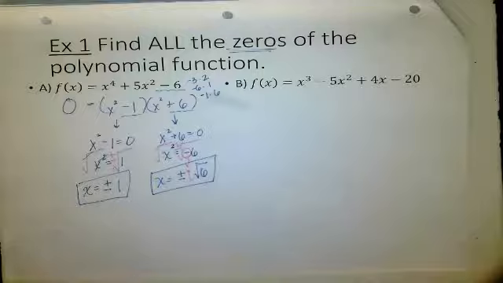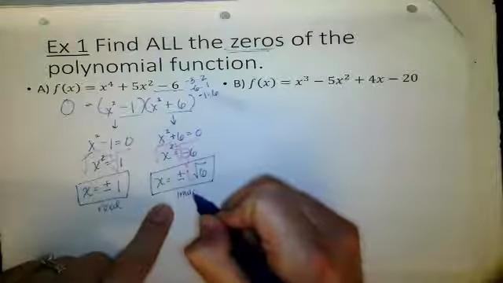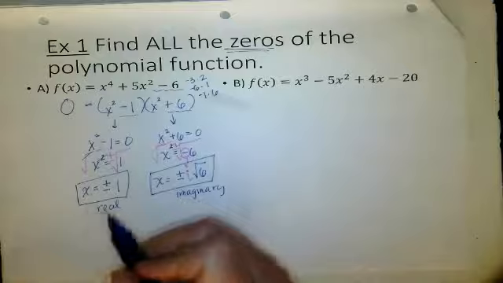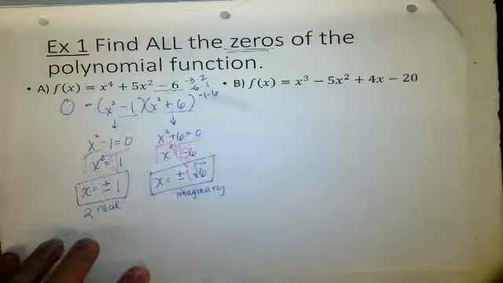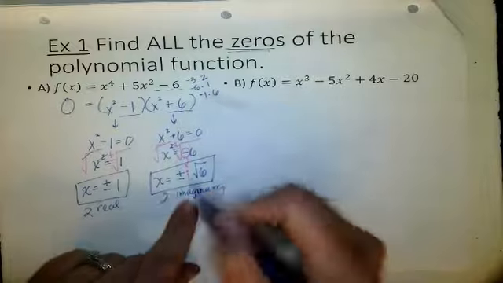So today, if we can, we want to factor and then set each bubble equal to 0 and solve. Sometimes we're going to get real solutions, and sometimes we're going to get imaginary solutions. But you'll notice we have two real solutions here, positive 1 and negative 1, and here we have two imaginary solutions.